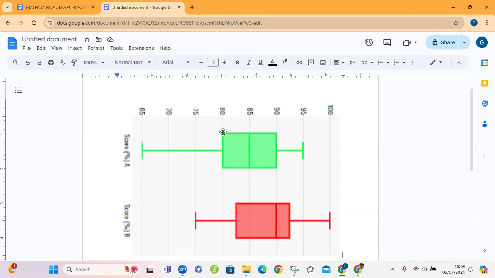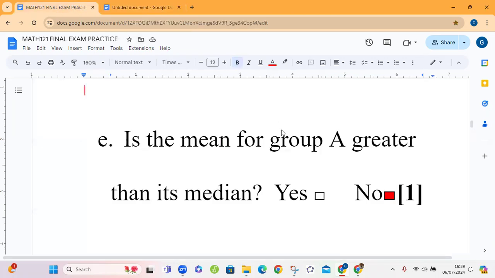So the mean will be on the left side of the median, and the left side of 85 is a smaller number. The mean for group A will be smaller than its median. So the question is asking, is the mean greater? No, it is smaller.